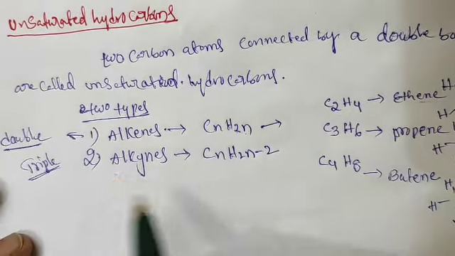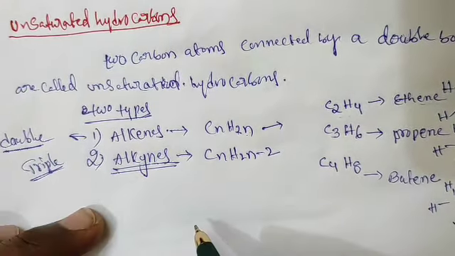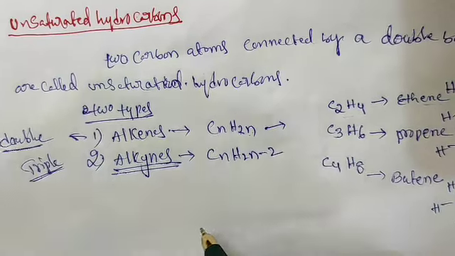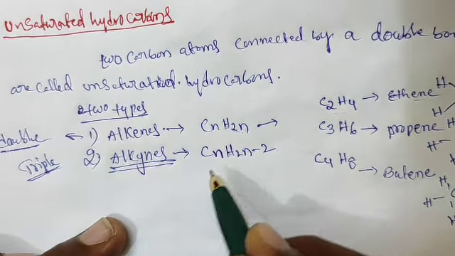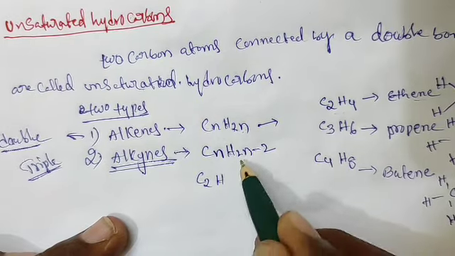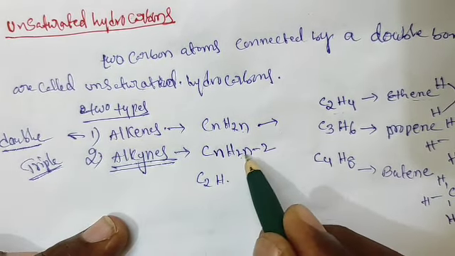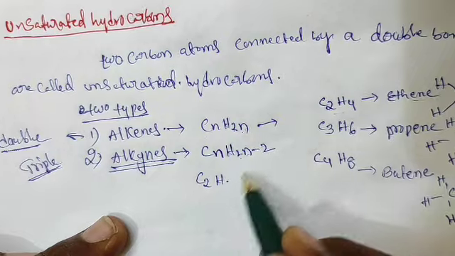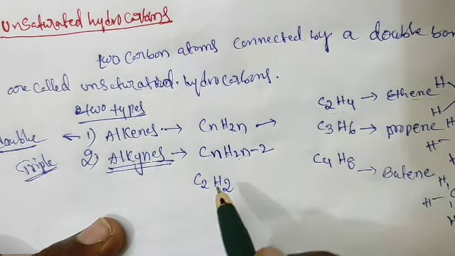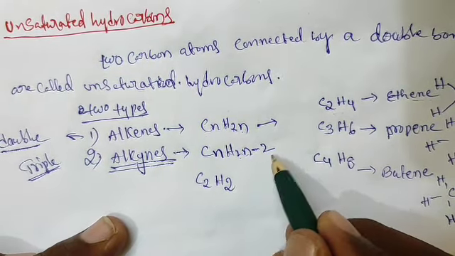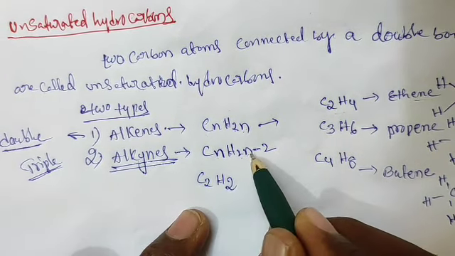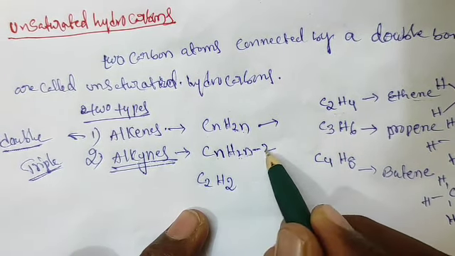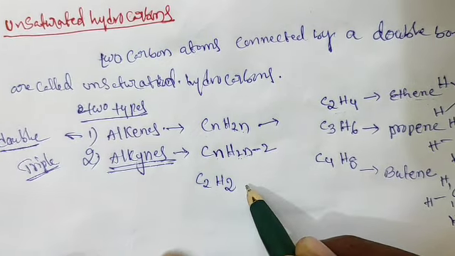Now we are discussing alkyne, yne. So alkyne formula is this one. Instead of n we are taking 2, C2H, 2 into 2 is 4, 4 minus 2 is 2, so C2H2.